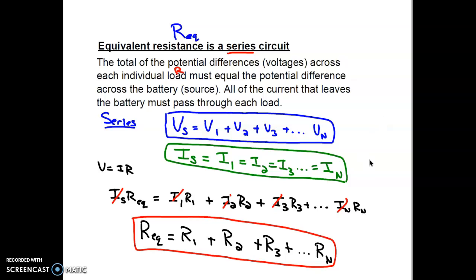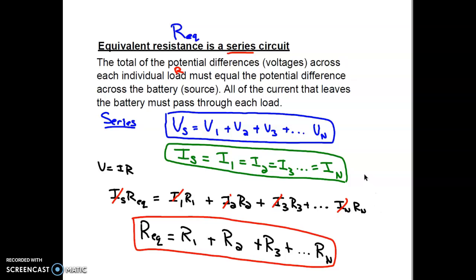These are the 2 equations we saw on the last slide. The voltage of the source is V1 plus V2 and so on. For current, the current of the source equals I1, I2, I3, so it's all the same. If we put that into Ohm's law, V equals IR, you'll get this equation.